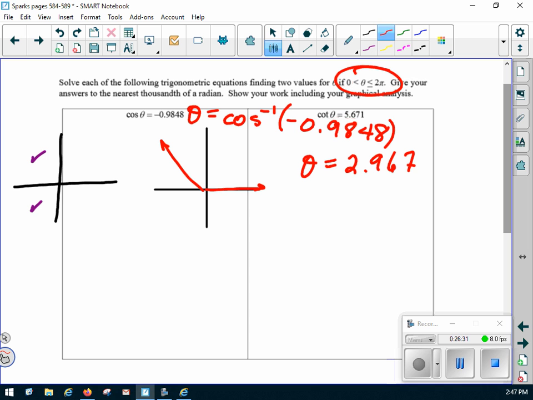Two pi is all the way around. So pi is how far around? Halfway. This angle's in quadrant 2 because it's a little bit less than pi, which is 3.14. Now, you've got a lot of space at the bottom of this page.